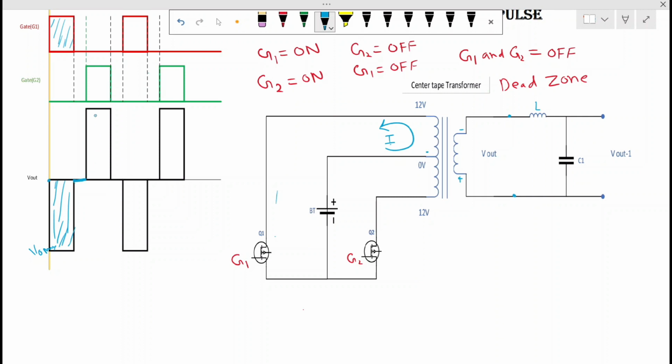And then you can see now the second gate pulse is on. The green one is on, so G2 is on. In this condition G1 is off. So I will erase this one because this current is not there.